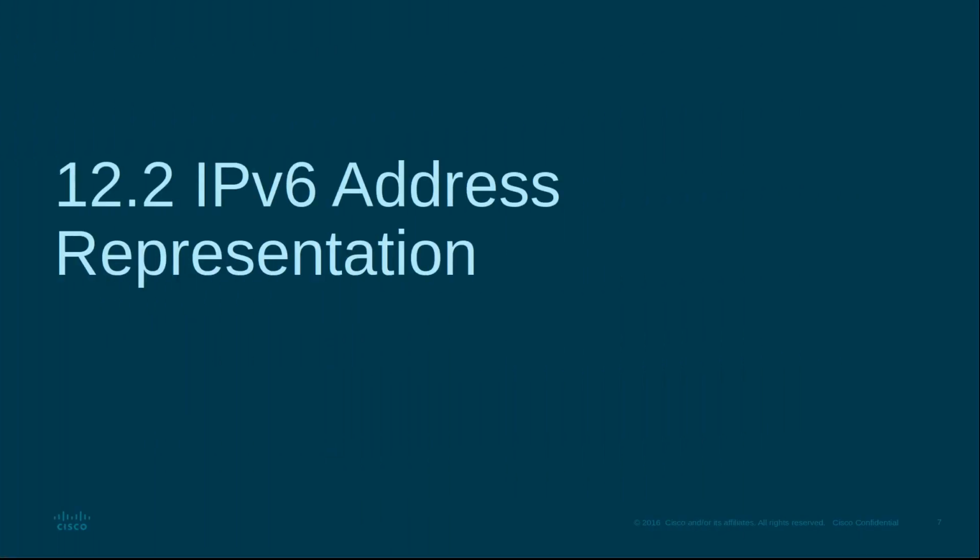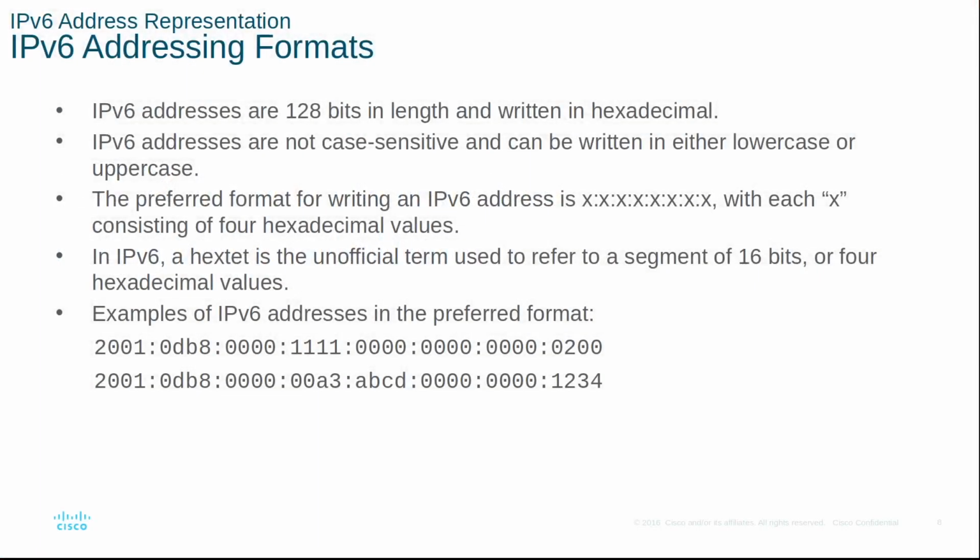So I mentioned on one of the previous slides, IPv6 addresses are much bigger, and they are. If you remember IPv4 addresses, they're 32 bits in length, and they're written in a dotted decimal notation that we're all familiar with. IPv6 addresses are 128 bits in length, and they're written in hexadecimal instead. Now they're not case sensitive. You can write the letters in hex in either uppercase or lowercase.